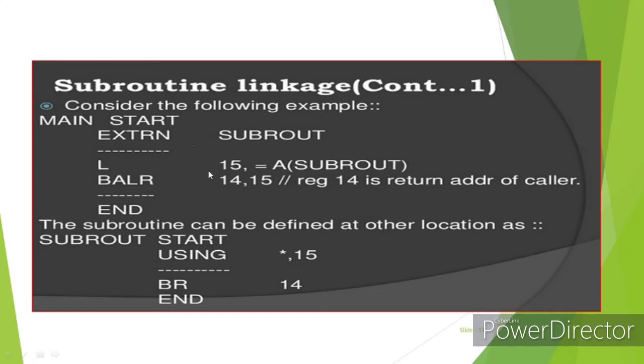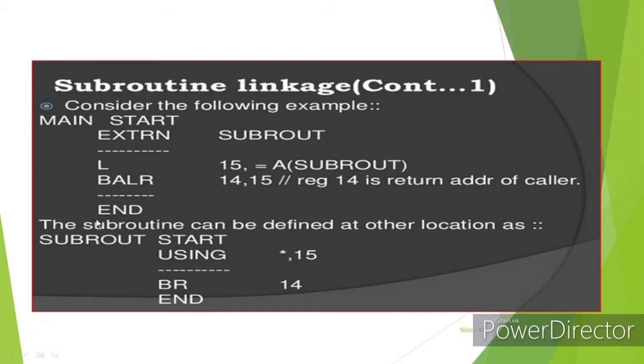Here you can see an example of subroutine linkage. This is the main program start. EXTERN is the name of the subroutine. LOAD is an instruction: load 15 comma A, where A is the subroutine address. BALR is an instruction where 14 comma 15 means that in register 14 the address of the caller is written.